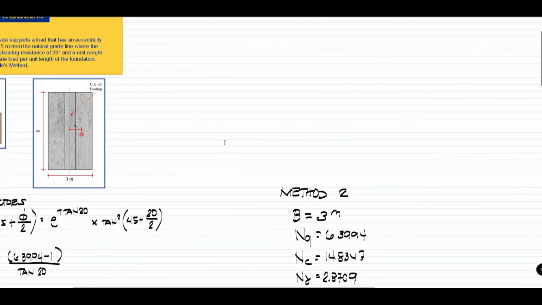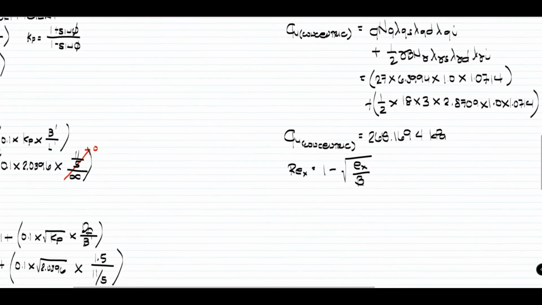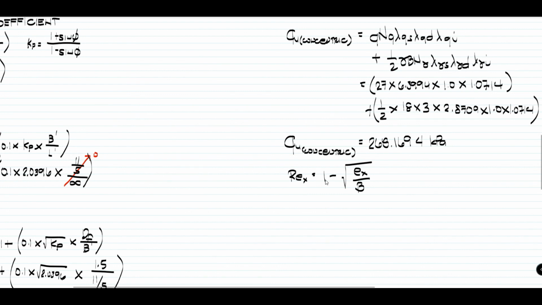EX over B kasi ang parallel sa kanya. So, ito yung EX, ang parallel is yung B, which is yung 3 meters. So, to get the reduction, we will have here 1 minus the square root of, yung EX natin is 0.4 divided by 3. So, calculating the REX, we have here 1 minus the square root of 0.4 over 3. Yan ngayon yung reduction natin.